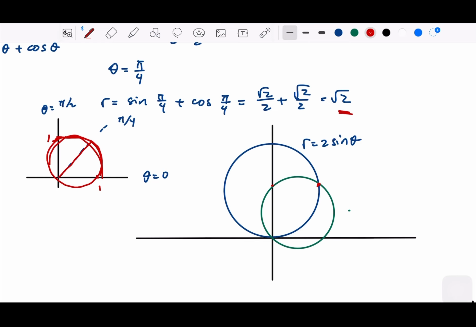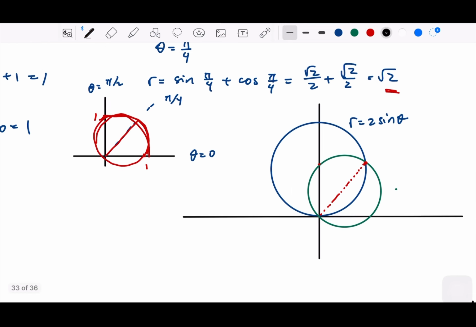So this will be some angle, and we are going to find that the angle is actually pi over 4. So what we are going to find is the area here. That's the area we want to find.